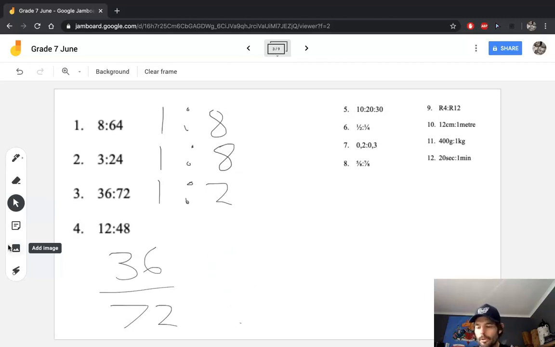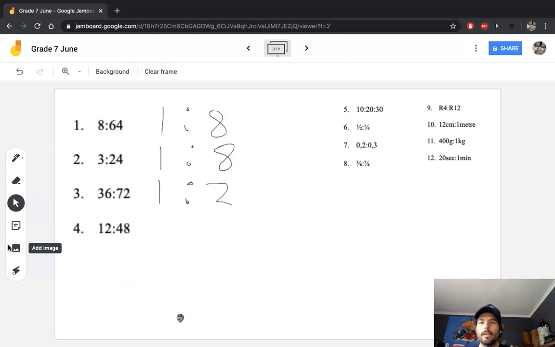Let's first divide by 2. You get 18 over 36. Let's divide by 2 again. You get 9 over 18. And hopefully when you get to 9 over 18, you can recognize that 9 is half of 18. That's just to show you that you can simplify more than once, just like fractions.